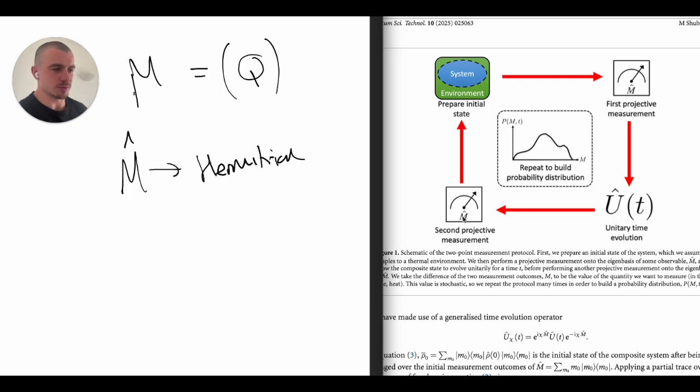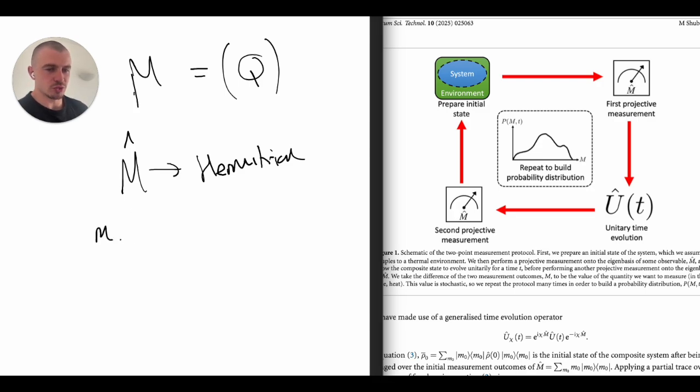And then we perform a second projective measurement onto the eigenbasis of M. So each one of these projective measurements is going to have given us one of the eigenvalues of M as the outcome, and it would have given us one of those eigenvalues randomly.